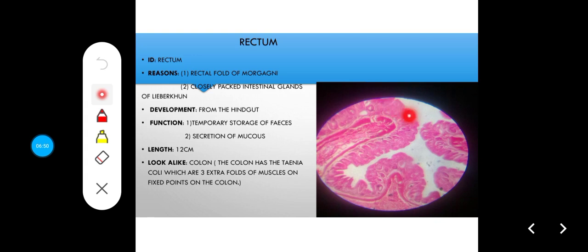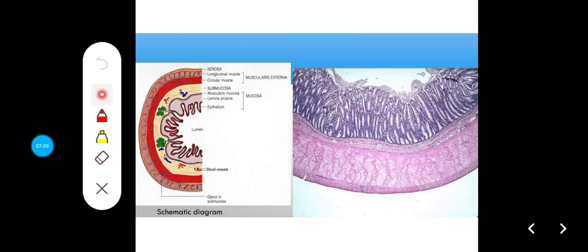Can you appreciate that? So it's simple columnar epithelium and not the stratified squamous epithelium that you find in the esophagus. So notice these folds. They are the rectal folds of Morgagni. So they are mucosal foldings.